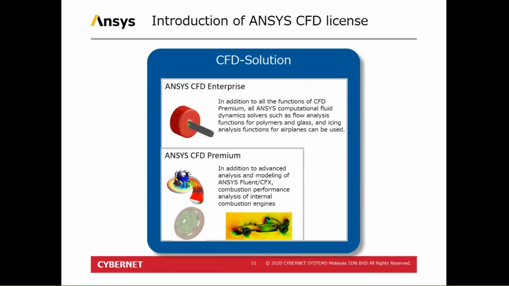If you don't have any special needs for polymer and resin flow, or icing analysis for airplanes, in this case I mainly recommend you use this license, Ansys CFD Premium. The main product of Ansys CFD is Ansys Fluent, so you can use Ansys Fluent with this license, Ansys CFD Premium.